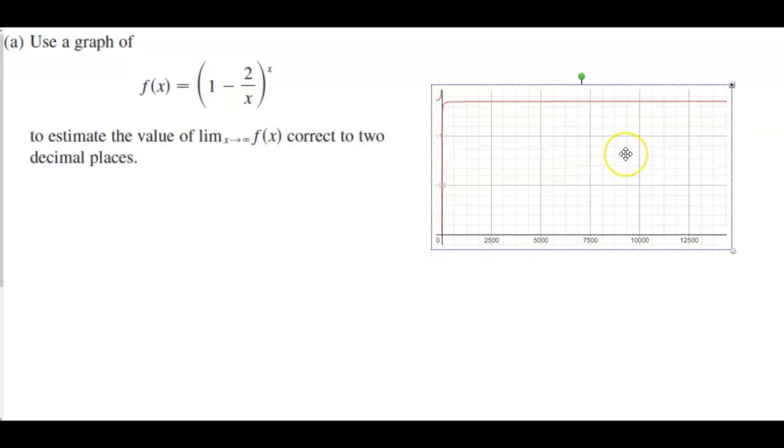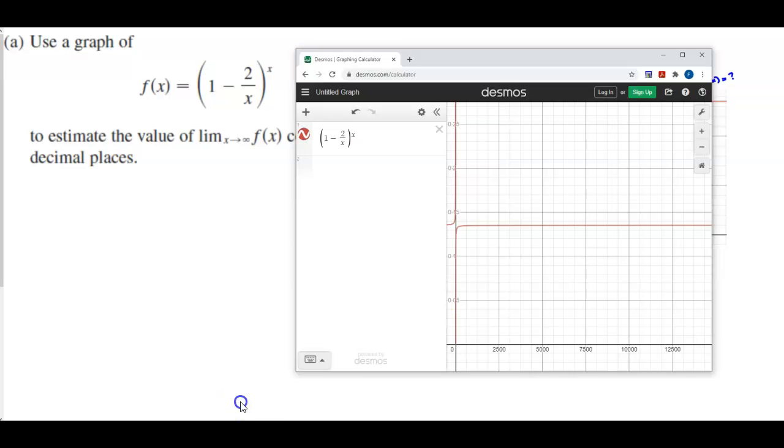So again, as x is approaching positive infinity, where is f of x approaching? So let's go back to the graph and see what's happening here.